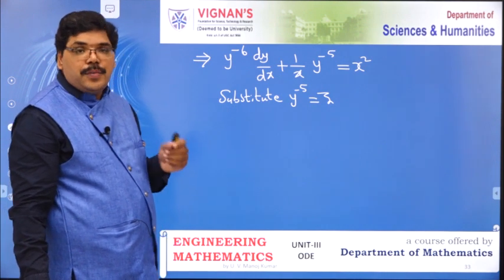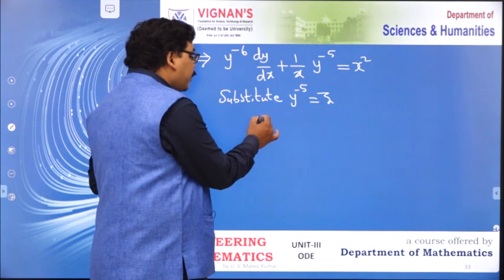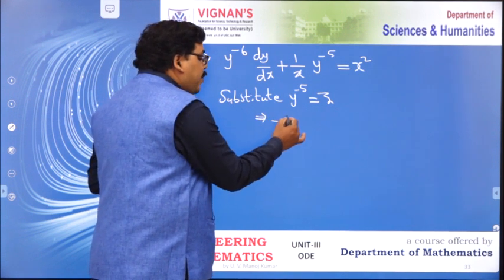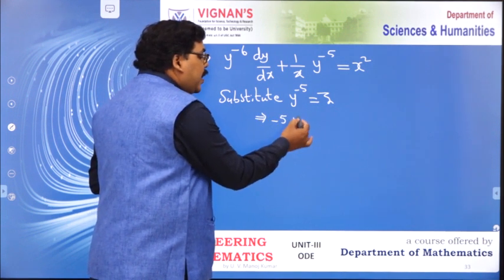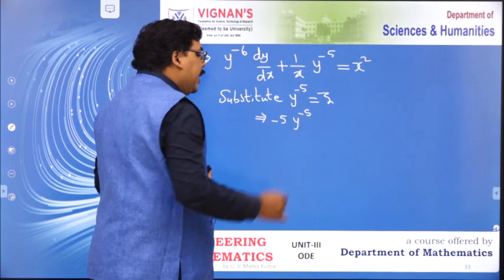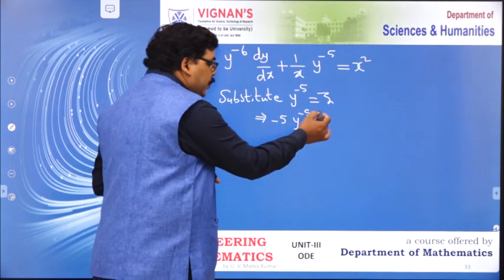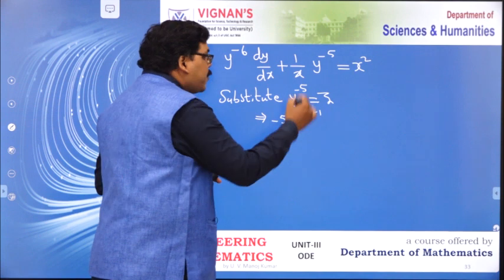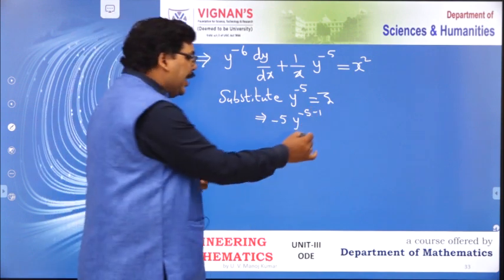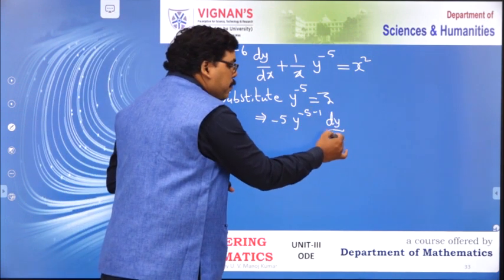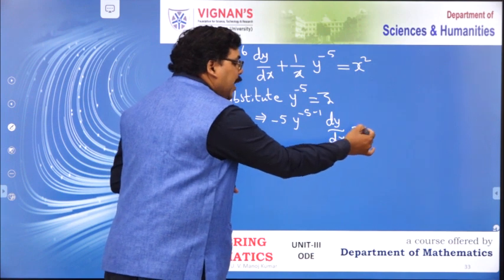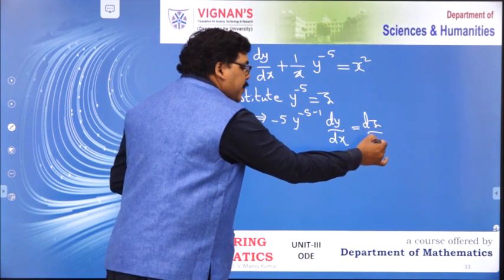So differentiate on both sides. Minus 5 into y power minus 5 minus 1 into dy by dx equals dz by dx.